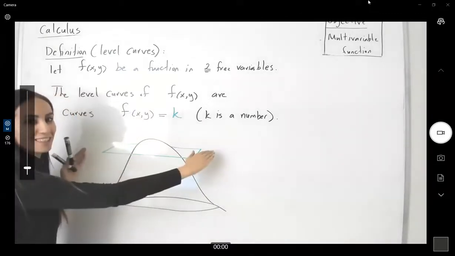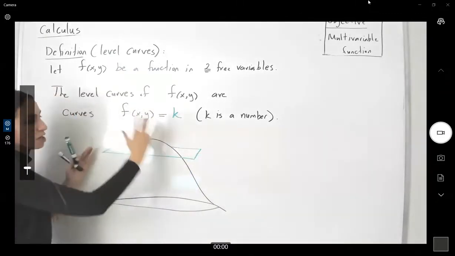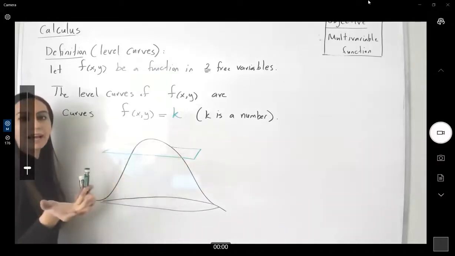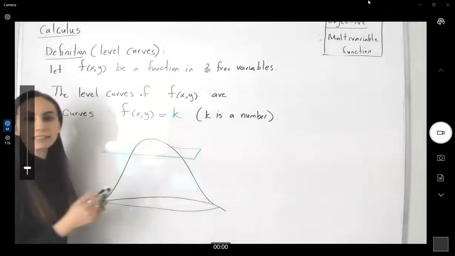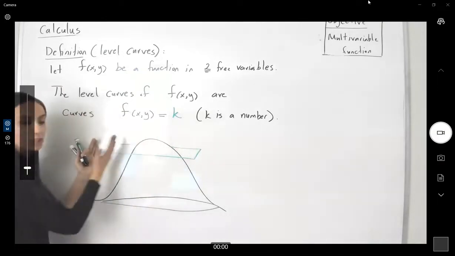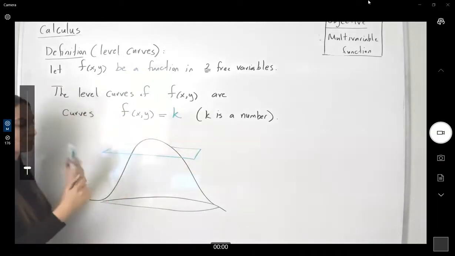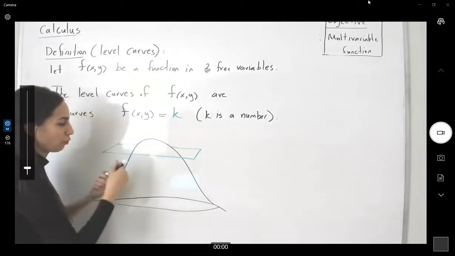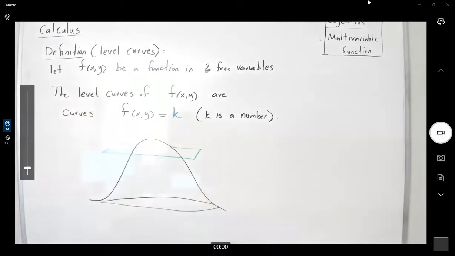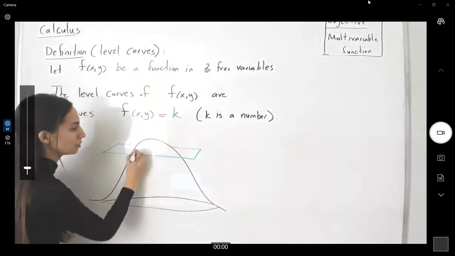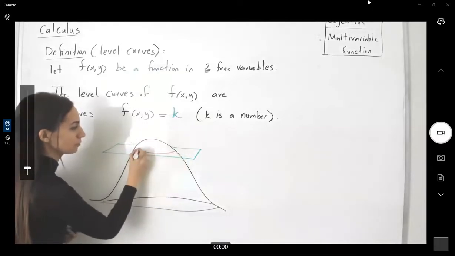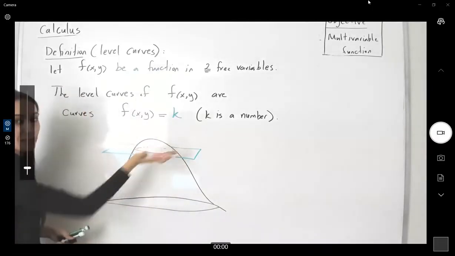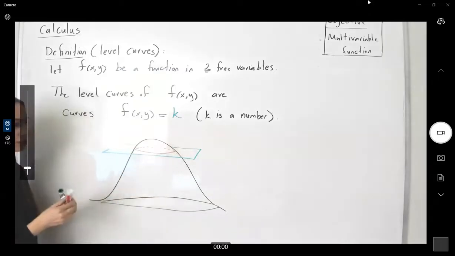When you cut this surface by this plane, it means that your z value is fixed. The height is fixed. So the intersection between this plane and this surface is actually a slice, which is a curve. What is that curve? That curve is going to be this one here, a slice of the plane and your surface.